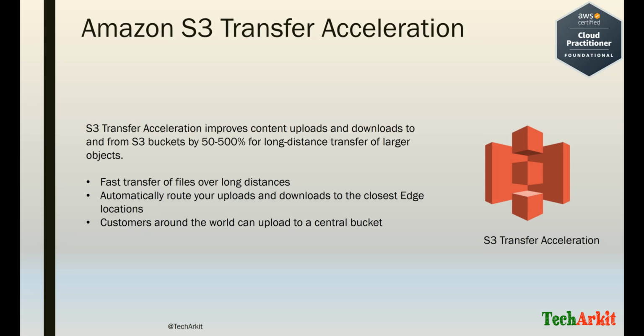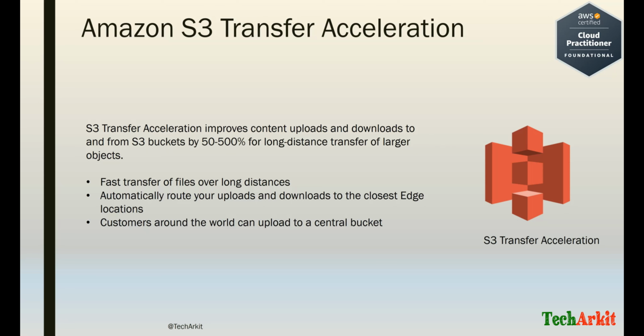It provides faster transfer of files over long distances and automatically routes your uploads and downloads to the closest edge location. That's the major advantage: it does not go directly to the base location where your S3 bucket is, but by default uploads to the nearest edge location to you. Then once the edge location catches your data, it pushes it to your S3 bucket.